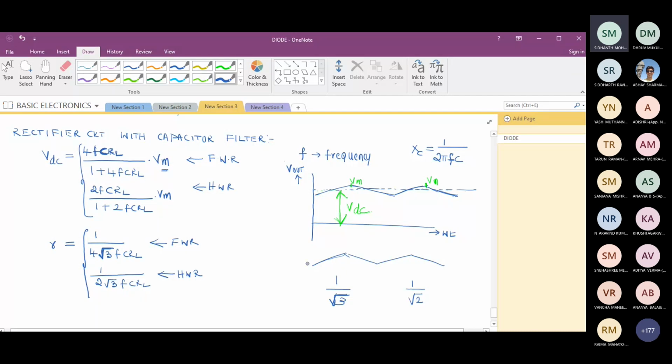Can I split this into two parts? This is one straight line, the slope is up, moving up, a straight line with a positive slope. Similarly, can I take this line which is dropping, a negative slope line? And can we write the equation of this line, y equals mx plus c?